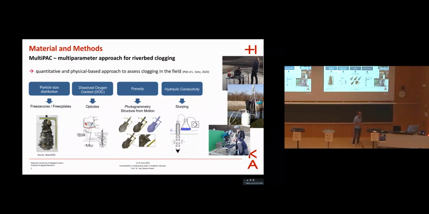And therefore, we are using the particle size distribution based on freeze coring. We measure the porosity using a photogrammetric approach. And for the dissolved oxygen content, as well as for the hydraulic conductivities, we are using a novel method with a double packer that allows us to measure vertical profiles of the dissolved oxygen content and the hydraulic conductivity.